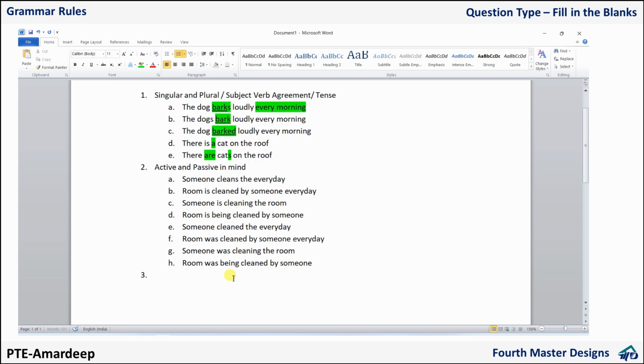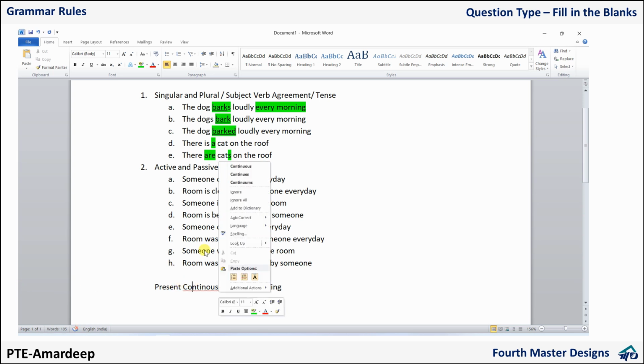In present continuous, what do you do? You write is or am or are, and then you have what? V1 plus ing, right? So you add ing to the verb.